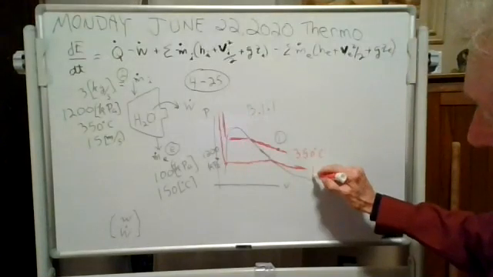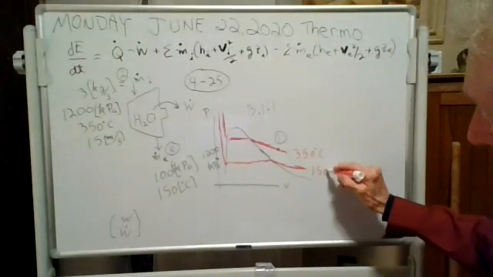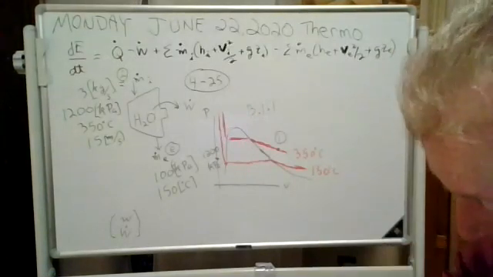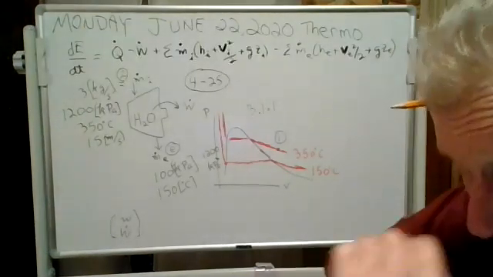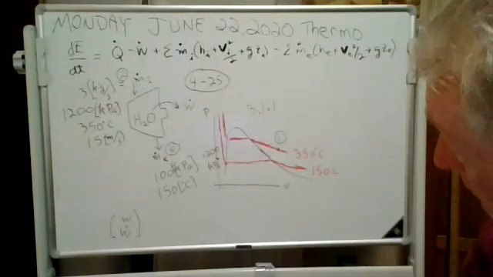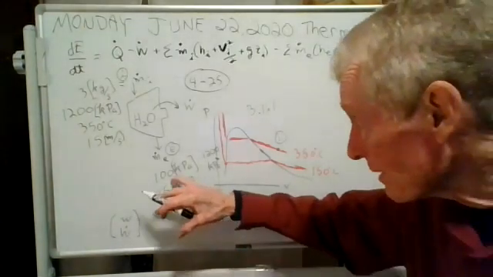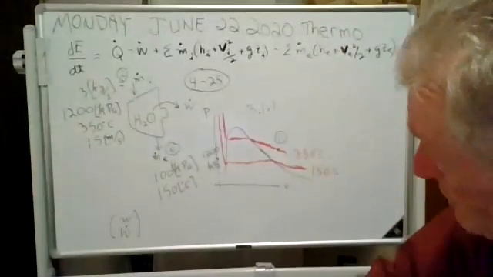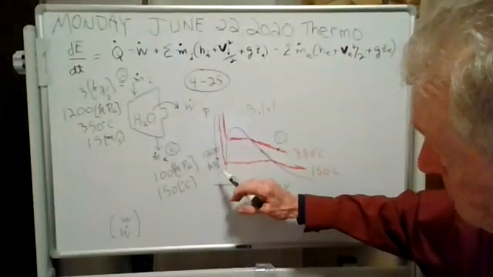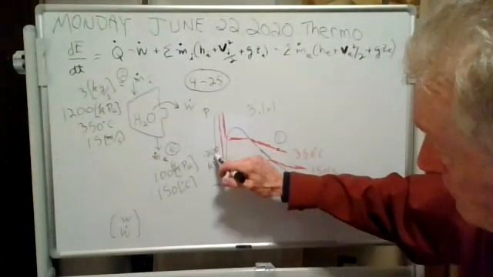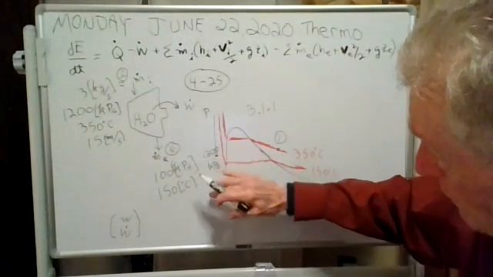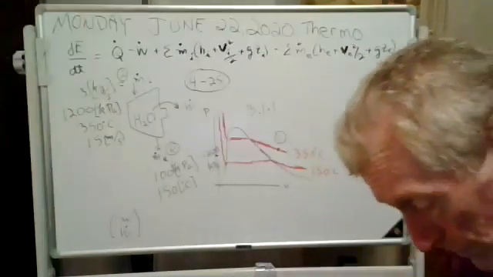I just drew the 150 Celsius isotherm. Now we're on that, but we're at 100 kilopascals. Well, I'm curious, what is the pressure here for the 150?